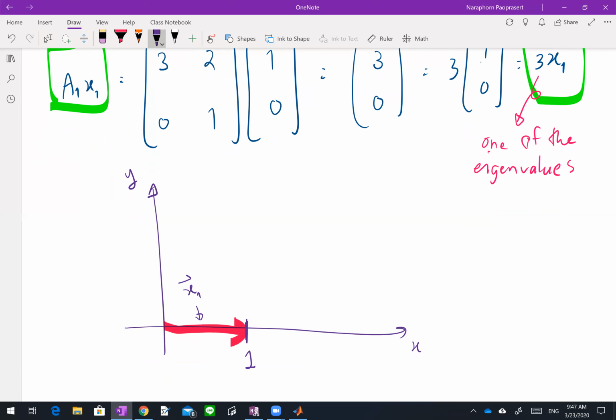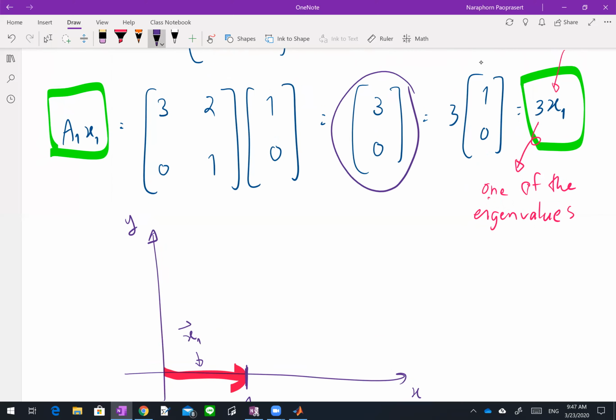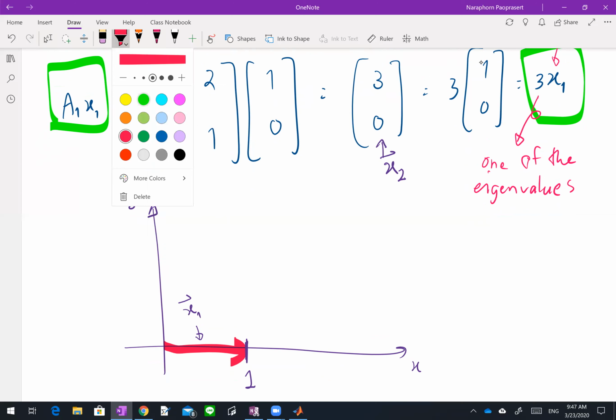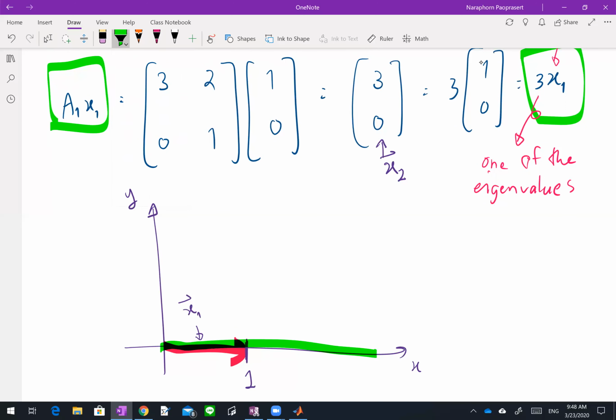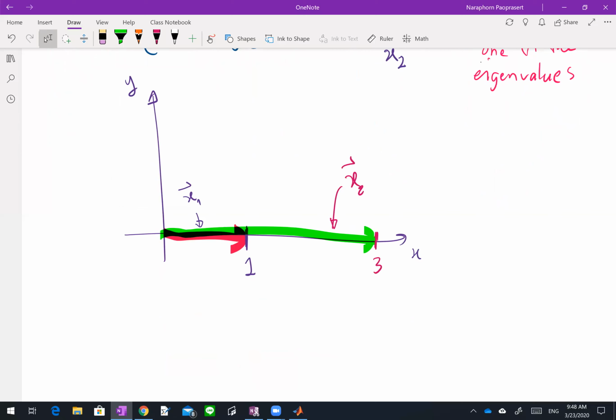Okay, and after you multiply x1 with A you get 3, 0. So if you call this vector x2, x2 is 3, 0. 3, 0 is just this line right here. So the green vector is x2. So if x2 is in the same direction as x1, this is called a linear transformation.